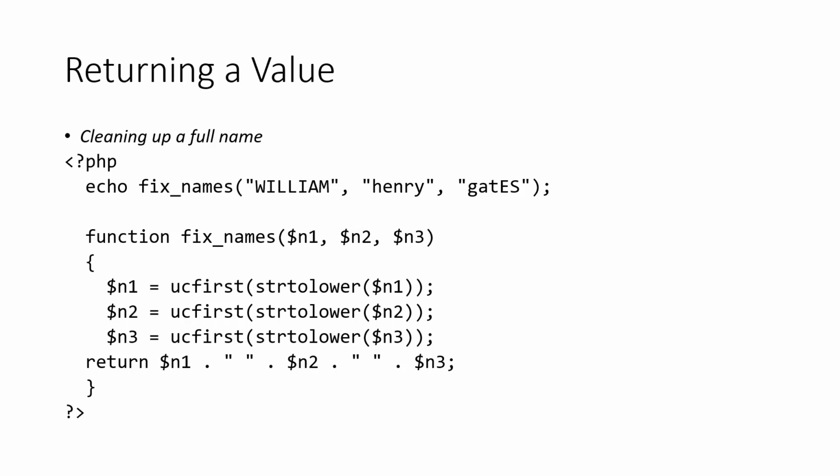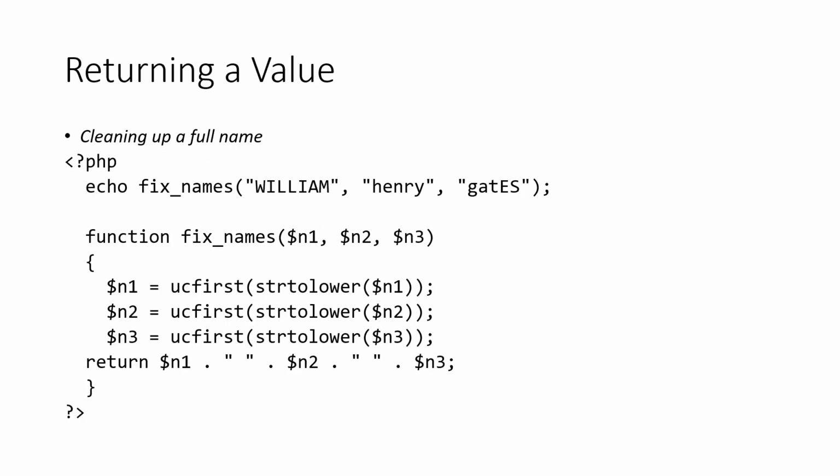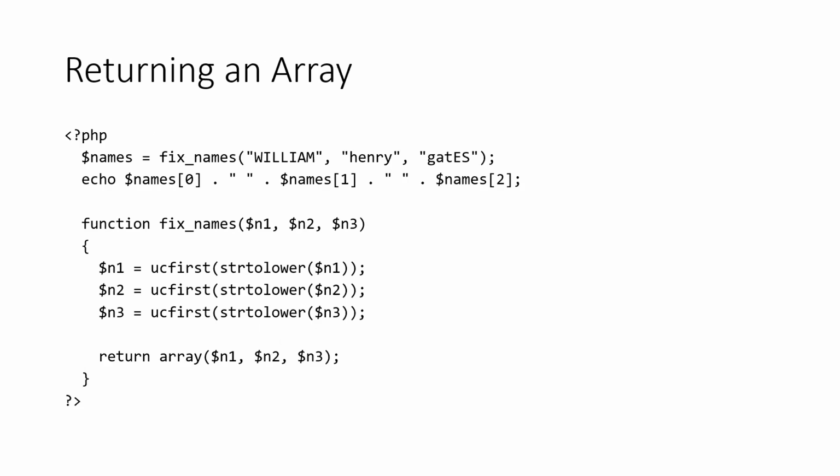Then we convert them into one single format. Instead of just returning the value by fusing them, one way to return this is to use the array method, which will return it as an array, which is good practice instead of just putting everything together.